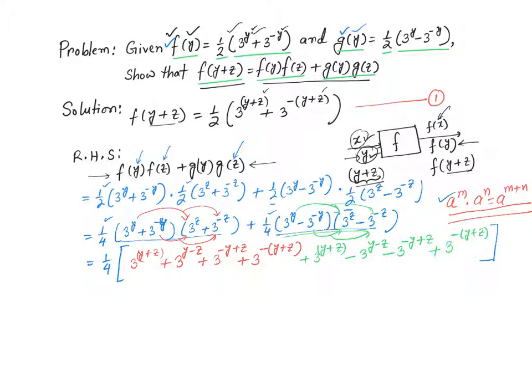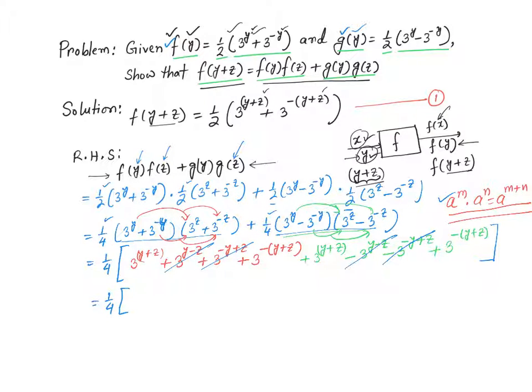Now I can simplify and cancel things. I have 1/4 here and put it outside the square bracket for simplicity. So let's see what cancels out here. 3 to the power y minus z cancels out with the other 3 to the power y minus z, because one is positive and the other is negative. Then positive 3 to the power negative (y plus z) and negative 3 to the power negative (y plus z) cancel out.